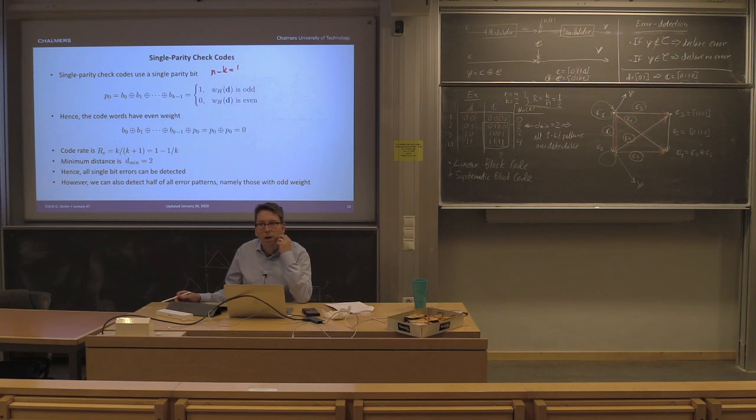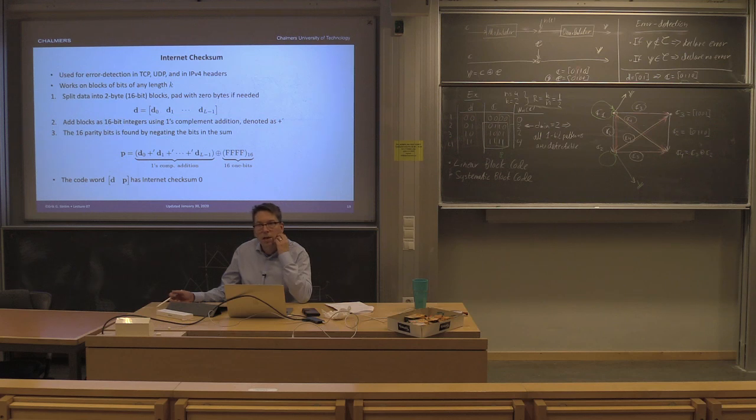This works very well if we don't have a lot of errors in a code word, where errors are very, very rare. There is something called the internet checksum, which is an extension of this idea, and it catches more errors.